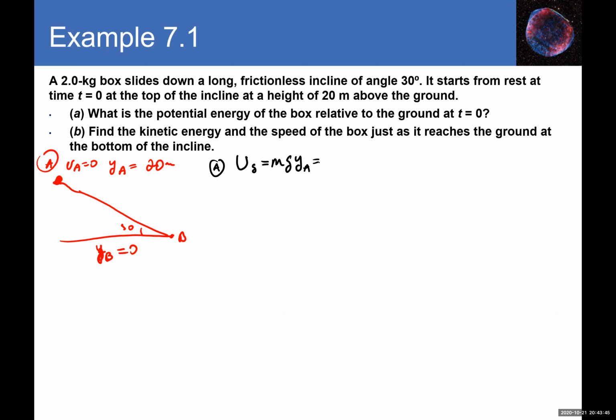And since ya is not 0, it's 2 kilograms times 9.8 times 20 meters. So we get 392 joules. That's the gravitational potential energy at point A, because point A has a non-zero vertical position relative to my reference position.